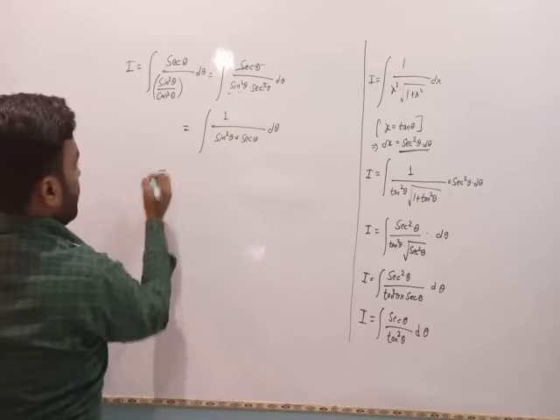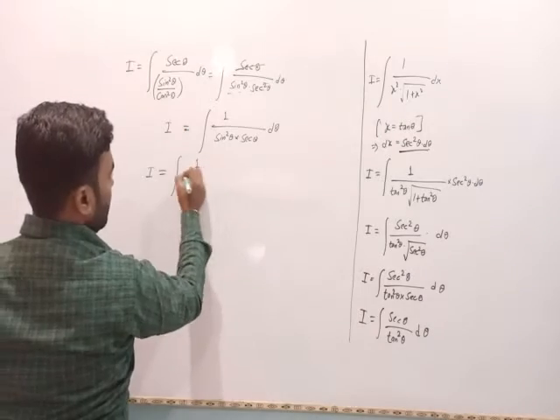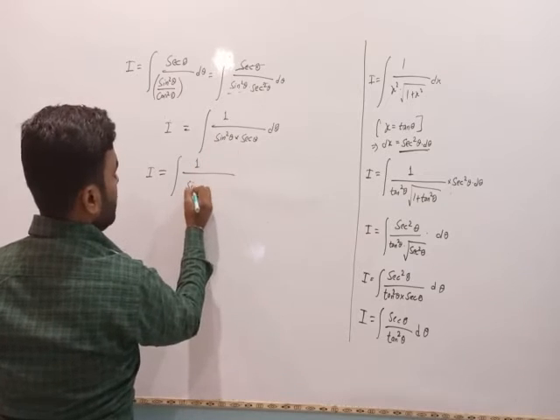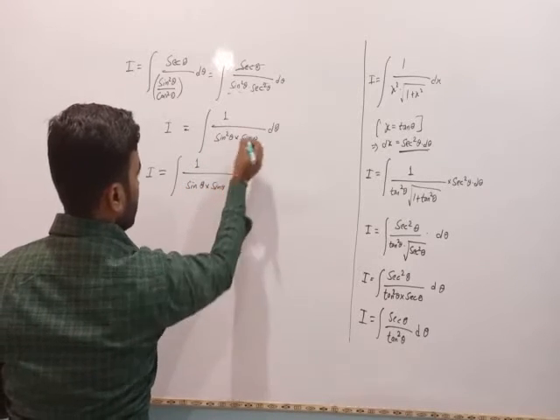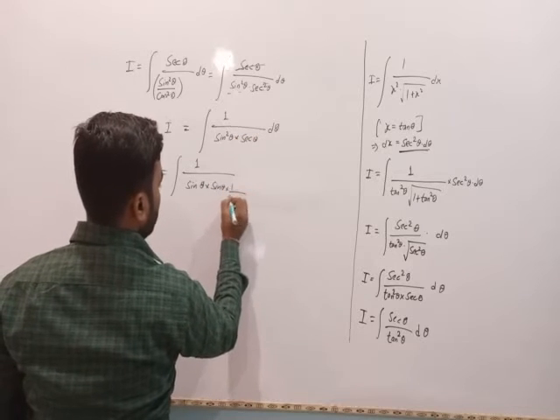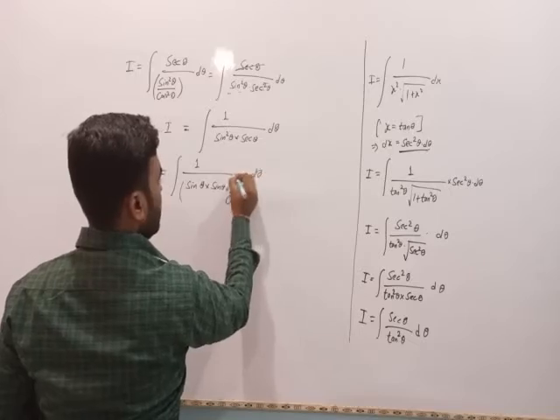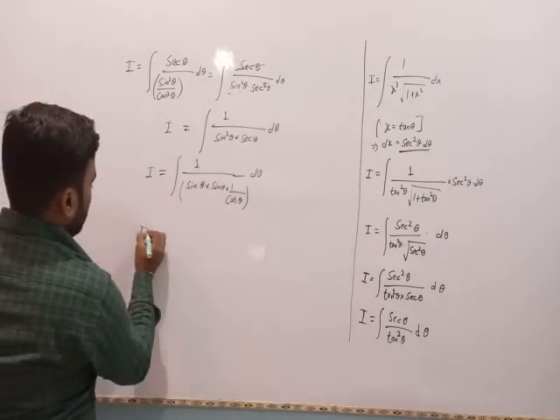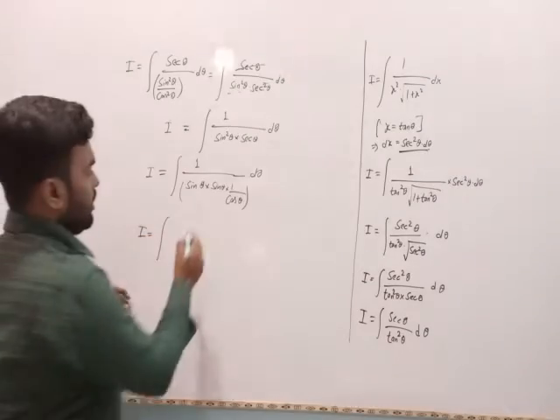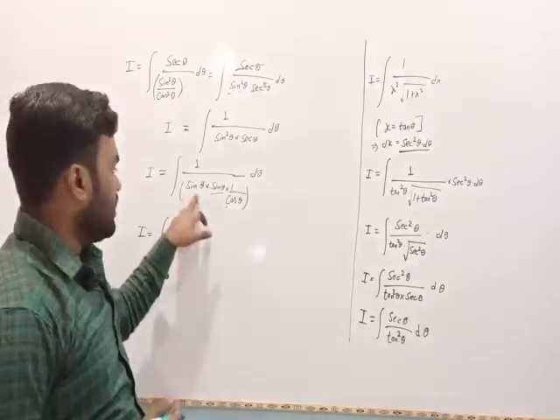So from here I is equal to integration of 1 upon sin square theta, which can be written as sin theta into sin theta, and sec theta can be written as 1 upon cos theta, with d theta multiplied. Now sin theta upon cos theta will give us tan theta, and this is sin theta.